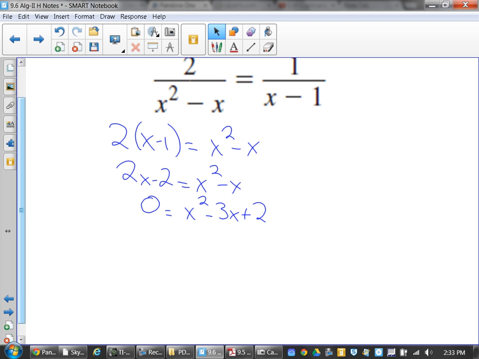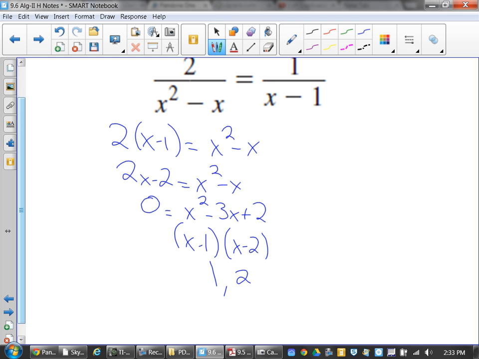What times what is 2 and you add together to get negative 3? Do they both work? No, which one doesn't? 1. One doesn't work. So 1's a phony, 2 is a real.